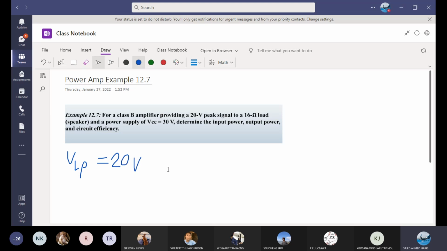The load is 16 ohm. It's a speaker. RL is 16 ohm. And then VCC is 30 volts.